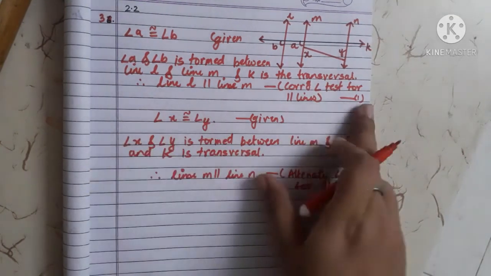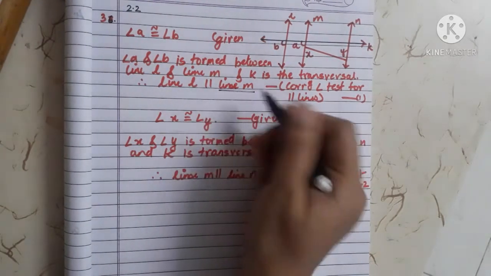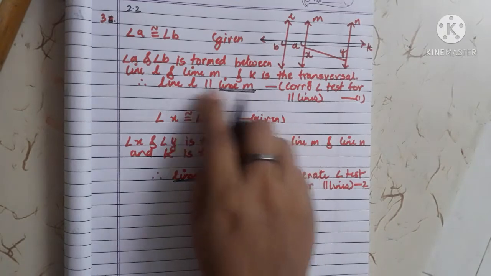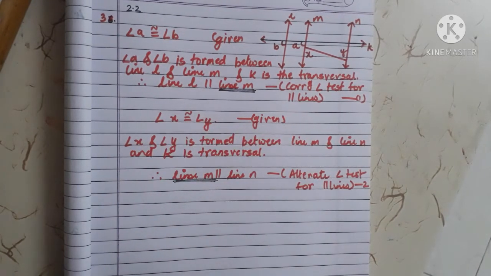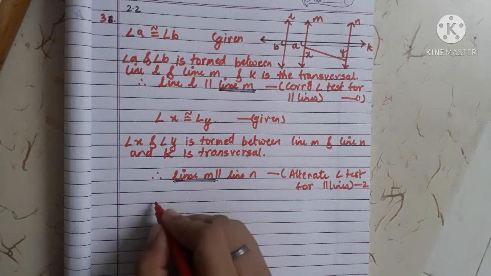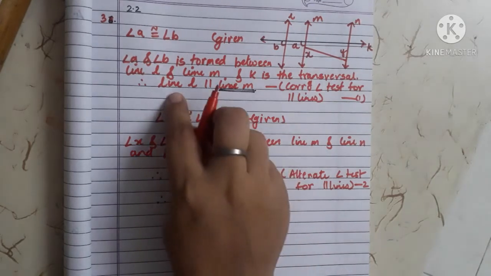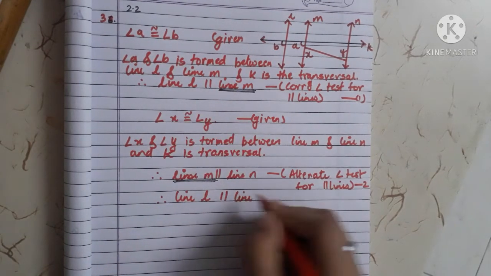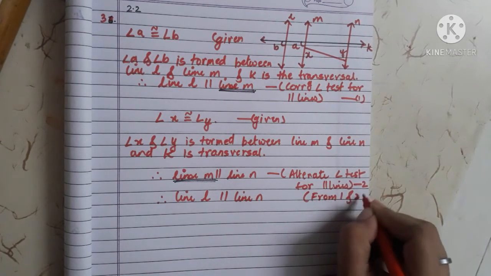Now in 1 and 2 you can see here also line M is there and here also line M is there. Okay, so line M is parallel to L also and line M is parallel to N also. Therefore we can say line N is parallel to L. Therefore line L is parallel to line N from 1 and 2.